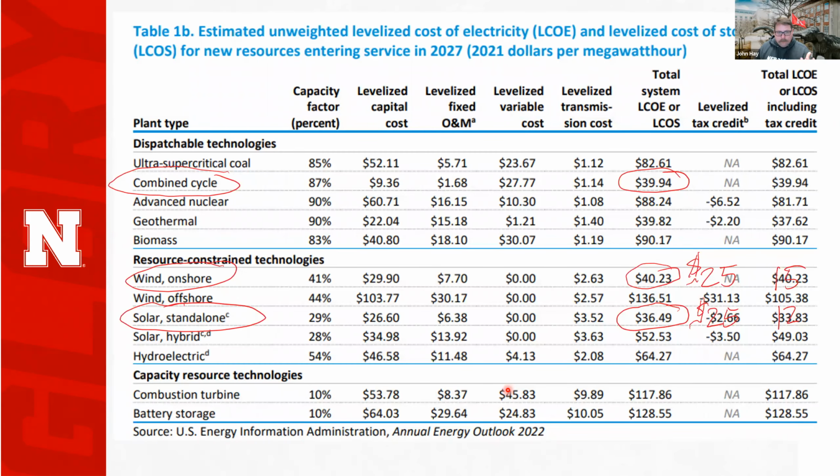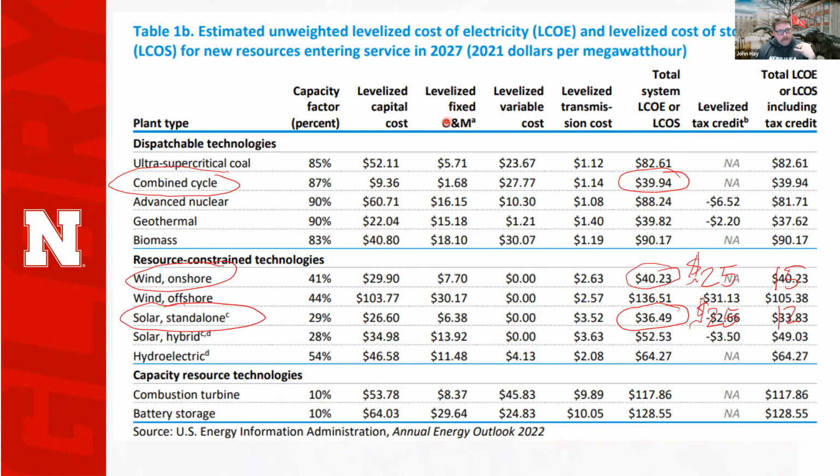So if we look at this, this is a really complex slide, but let's start up here at the top. If we are looking at the levelized cost of electricity for new resources entering service 5 years from now, or 2027, 5 years from when this was written, and it came out in 2022.